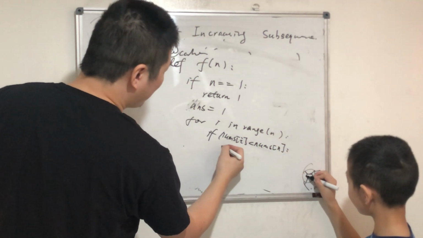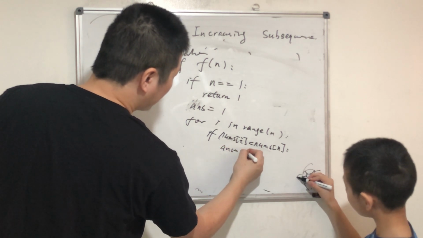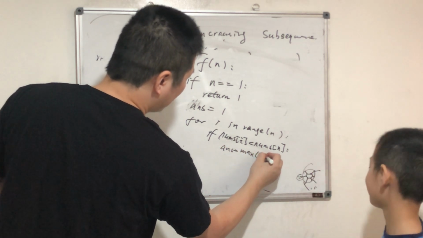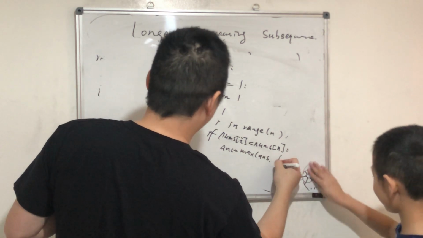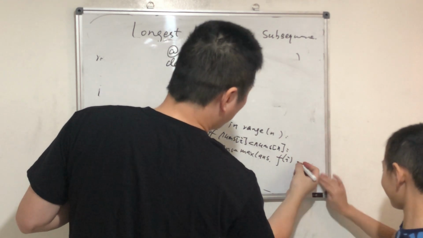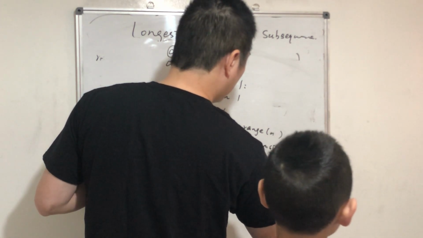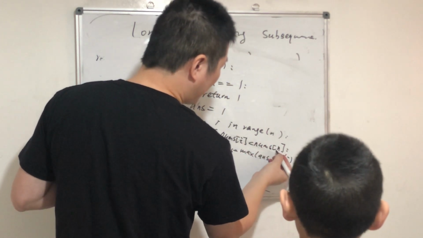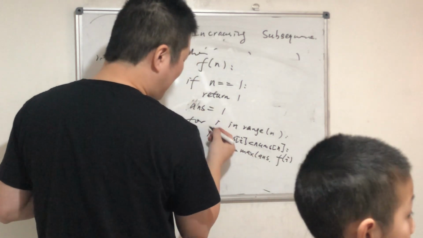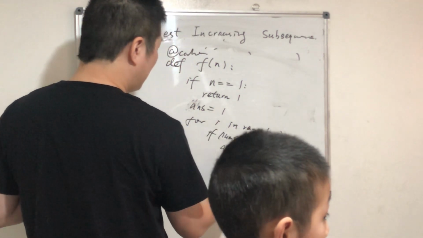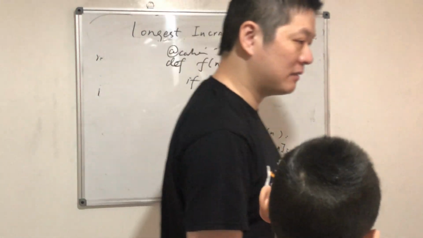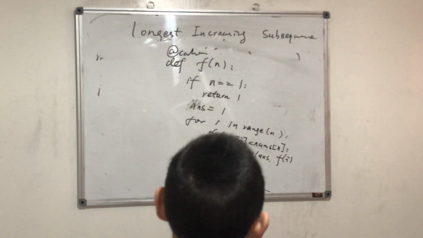If it's smaller, then answer equals max of answer and f[i] plus 1.